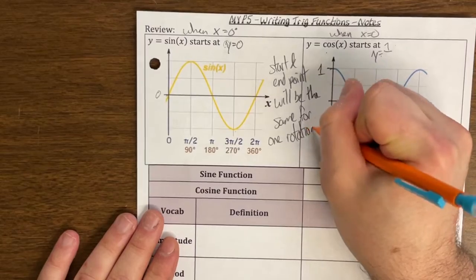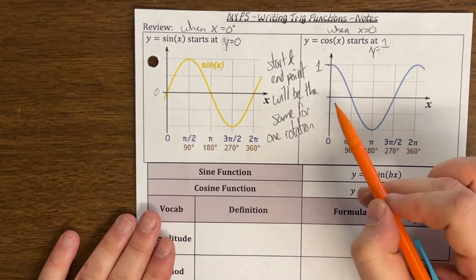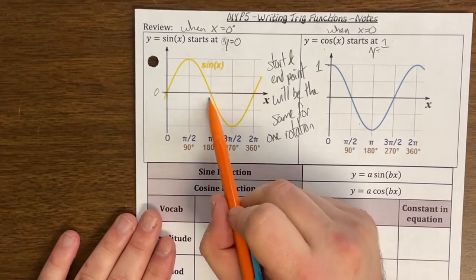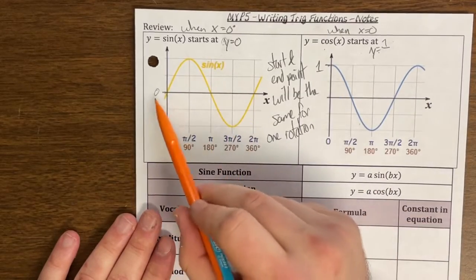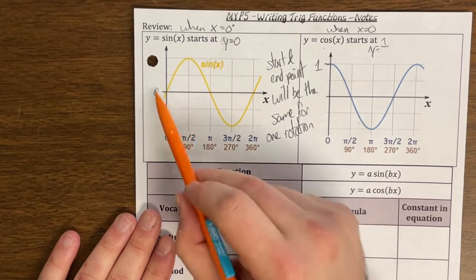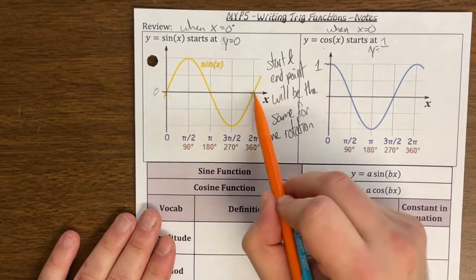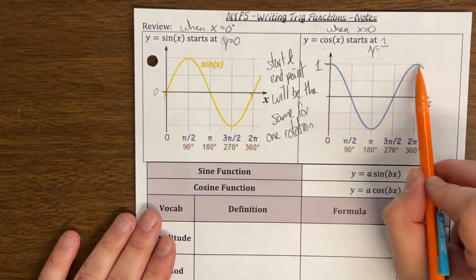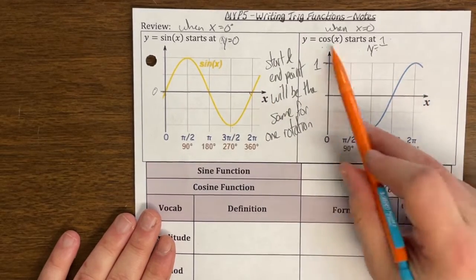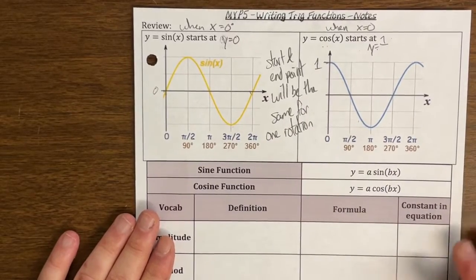And when I'm talking about one rotation, I'm saying for one period, meaning the period for these two examples is 360. That means B is 1 because we have one peak. And so we're saying, hey, the start and end point for sine is 0, and the start and end point for one rotation of cosine is 1. So make sure you're seeing those for yourself.